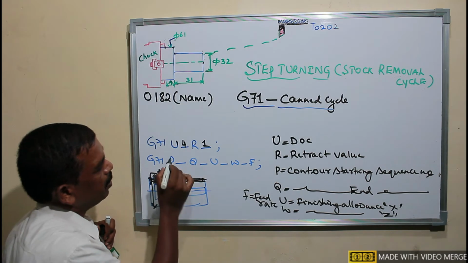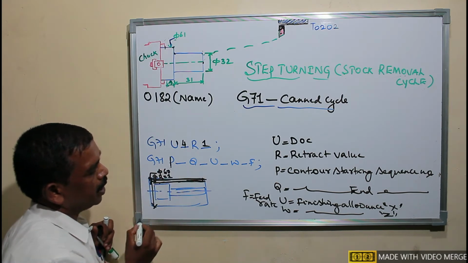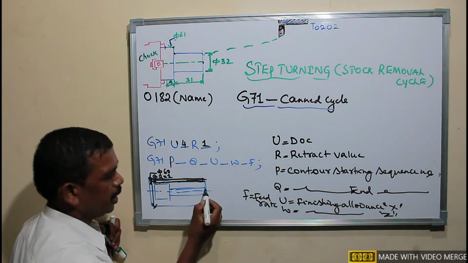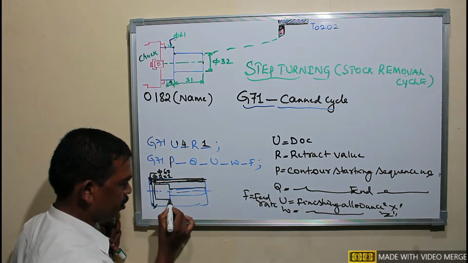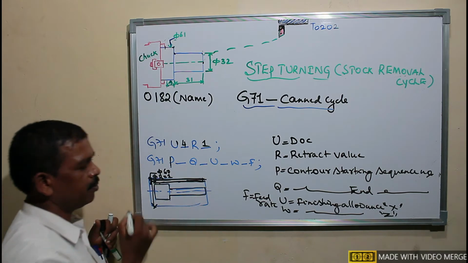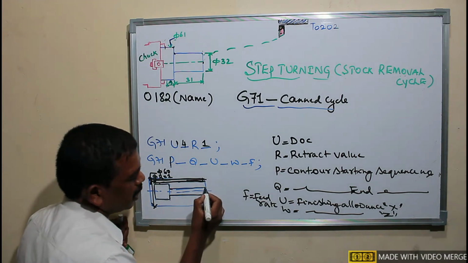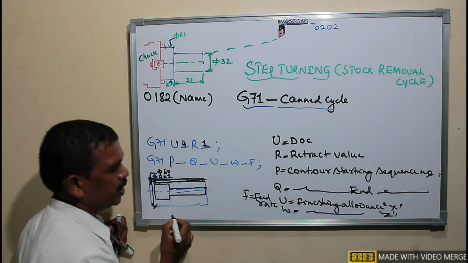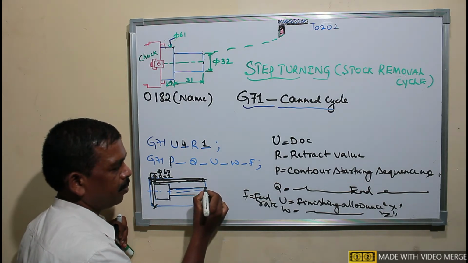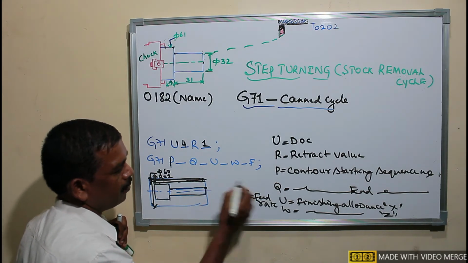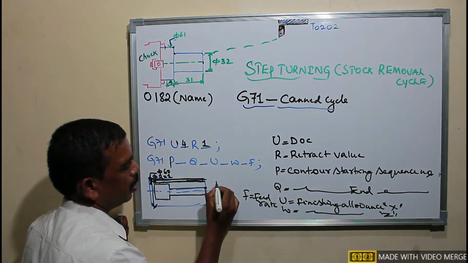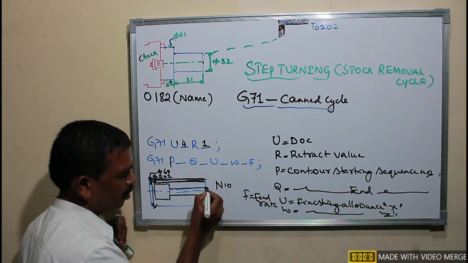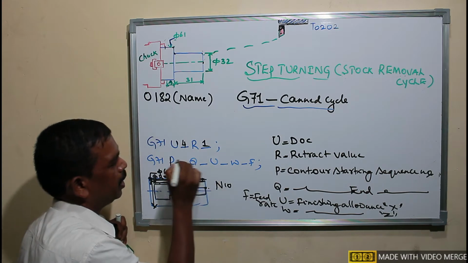And then P is the contour starting point. Contour means what? This is the shape of the workpiece we want from this raw material. The starting point of this workpiece is the contour starting sequence number. For example, if I write the program for this final shape, N10, I have to write the 10 here.